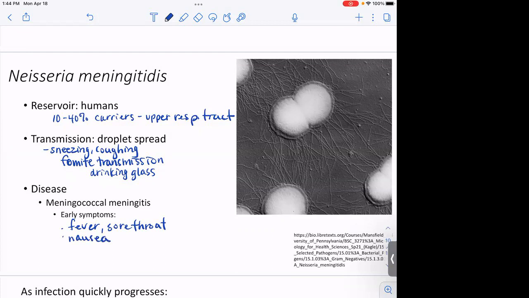So it starts out with kind of flu-ish type symptoms, maybe. Of course, you don't usually get nausea from respiratory influenza. But the other symptoms, stiff neck and headache, those are the real red flags there.